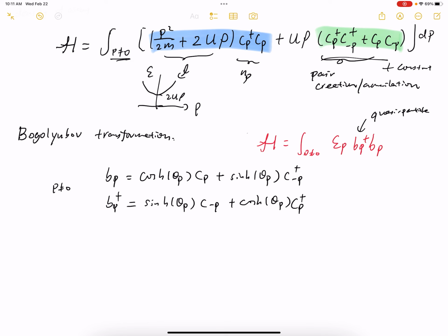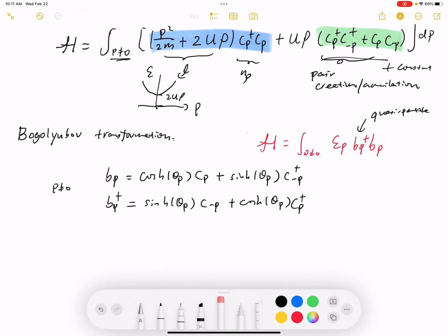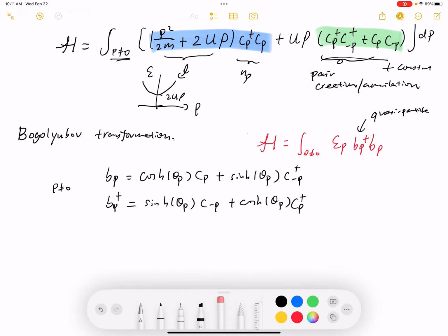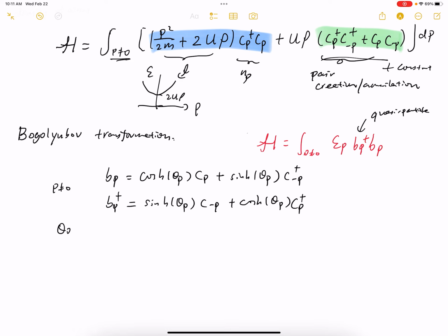And there's also a free parameter here I didn't mention. That's theta p. So theta p here is a free parameter. It also has a name: it's called the Bogoliubov angle.